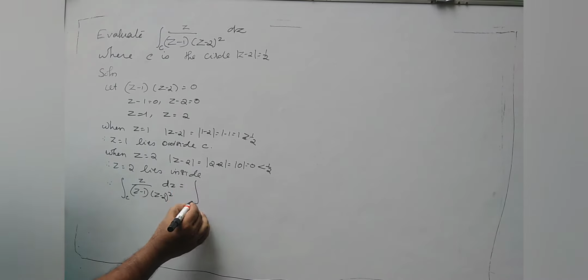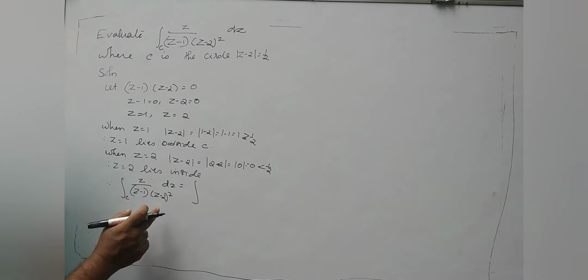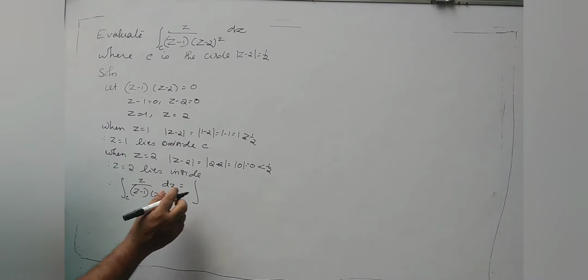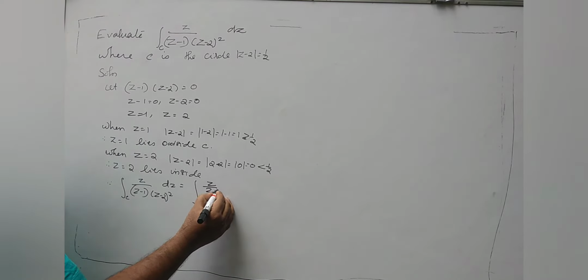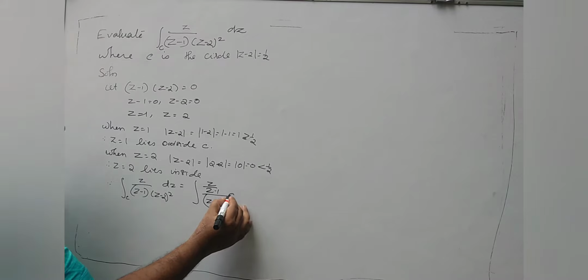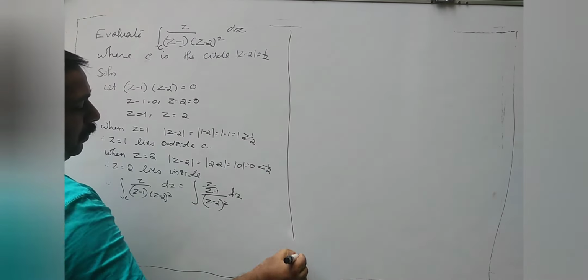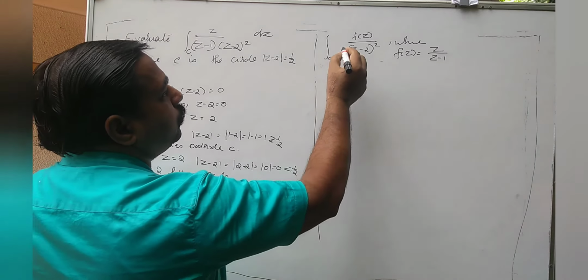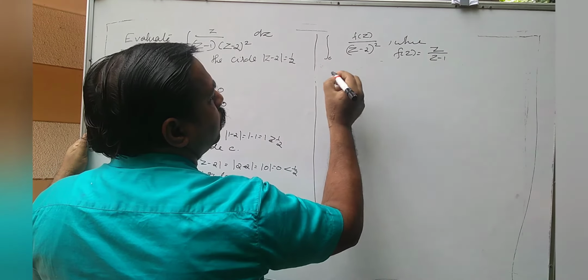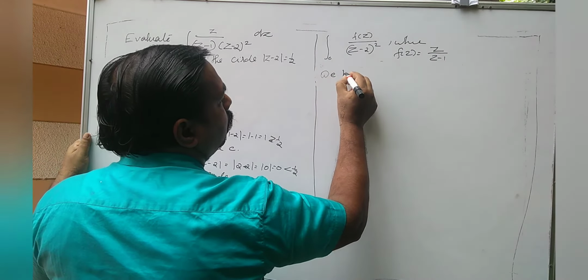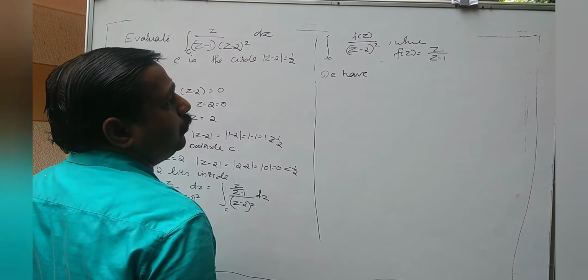as in the previous one, this one lies outside. So we take this as z minus 1 divided by (z minus 2) the whole square dz. Now, what is the formula we have?